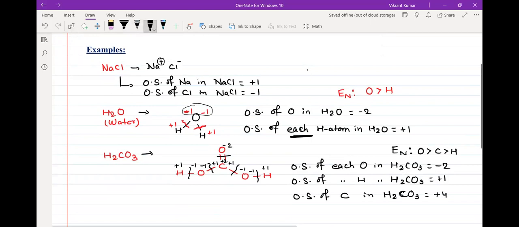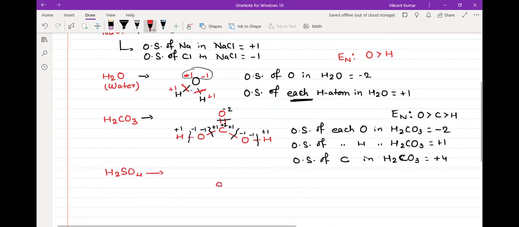Okay, let's solve one more. And I'll give the structure. This is the structure of H2SO4. So same, hydrogen is +1, oxygen is -2, and sulfur is +6.